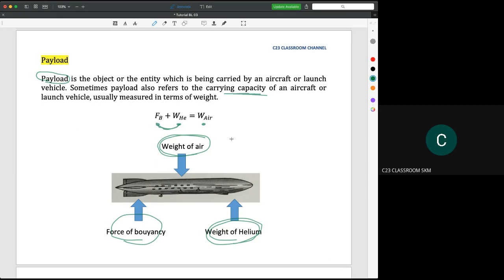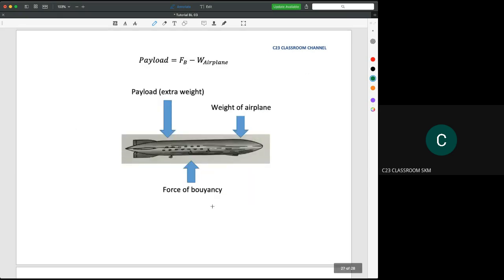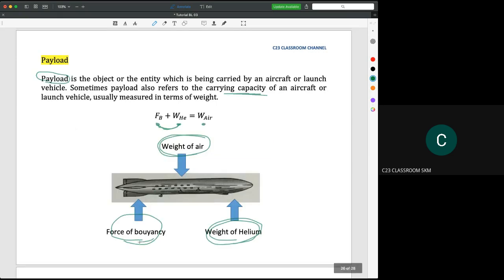If the capacity of helium were just equal to the weight of air, the helium maybe could not float this object. So for sure the helium has an extra energy that we call the force of buoyancy.